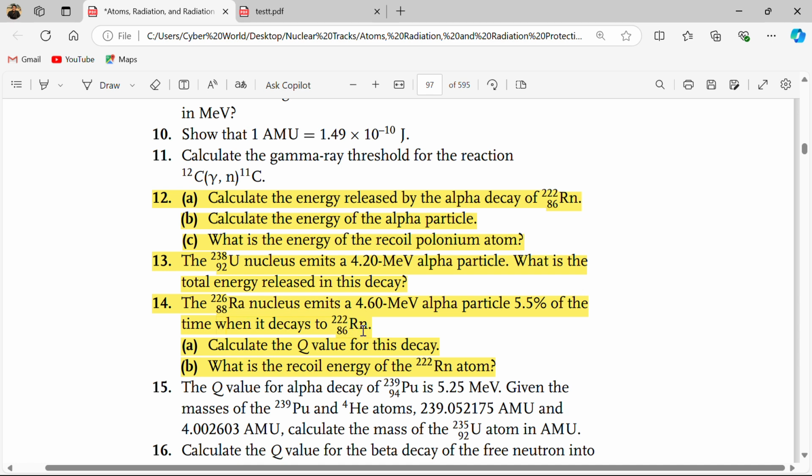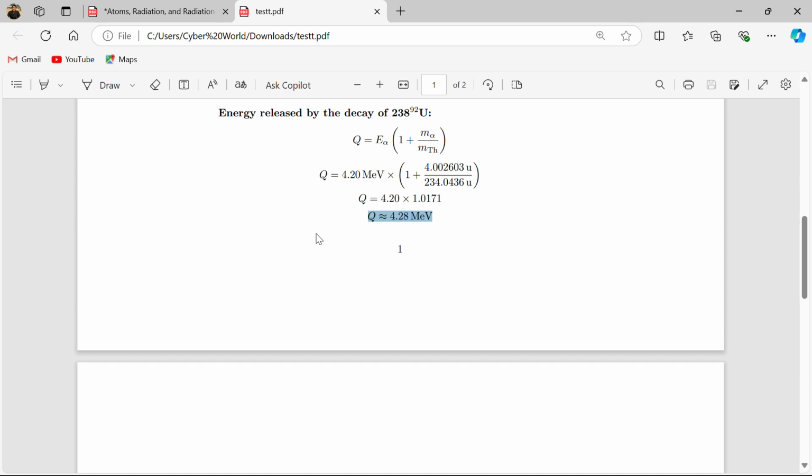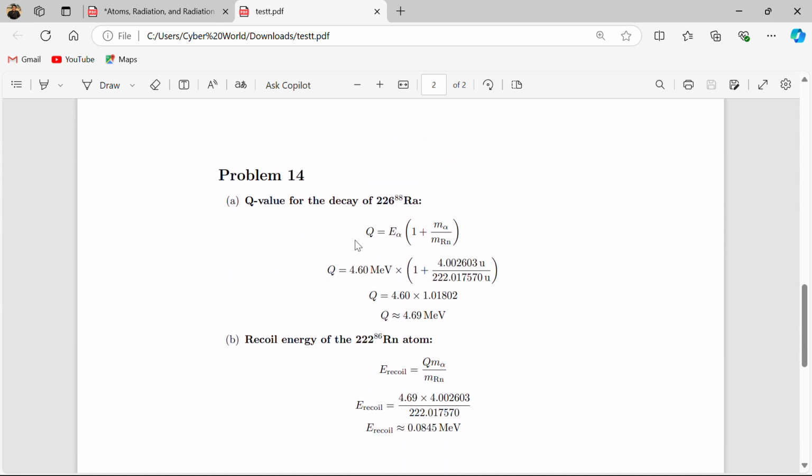Radium decays into radon-222, so to conserve the mass number, it goes into radon and also emits a helium alpha particle plus Q. What you have to do is first find the Q value of that decay.